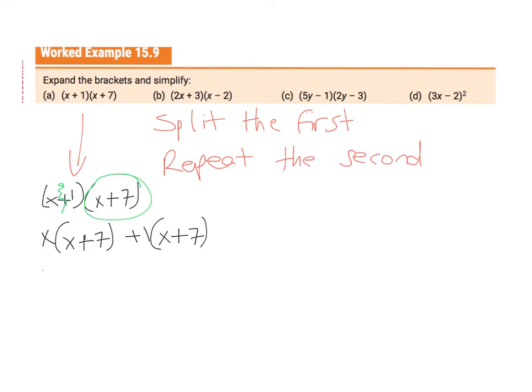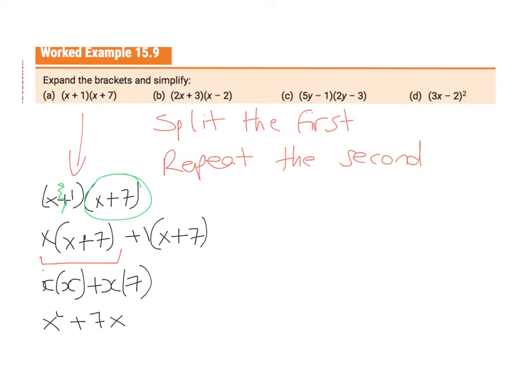So when we're looking at the first one, I have to multiply x by x, and I have to multiply x by 7. Because the x is outside, it has to be multiplied by both numbers. So I end up with x squared plus 7x.